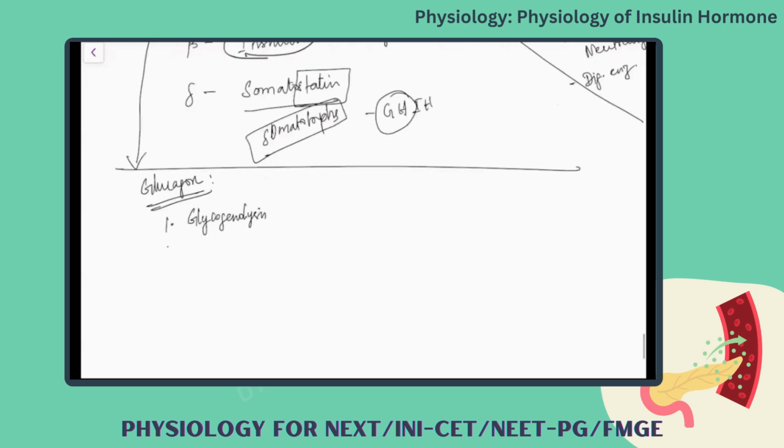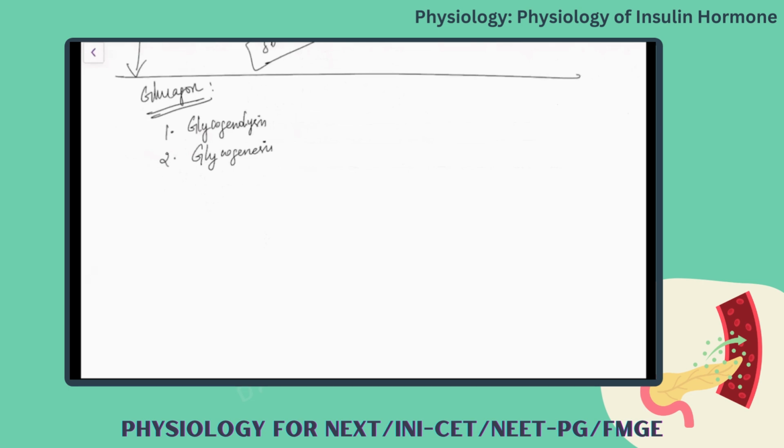And it also results in glycogenesis, production of glucose from the glycogen metabolism in the liver. On the other hand, it increases the secretion of growth hormone.